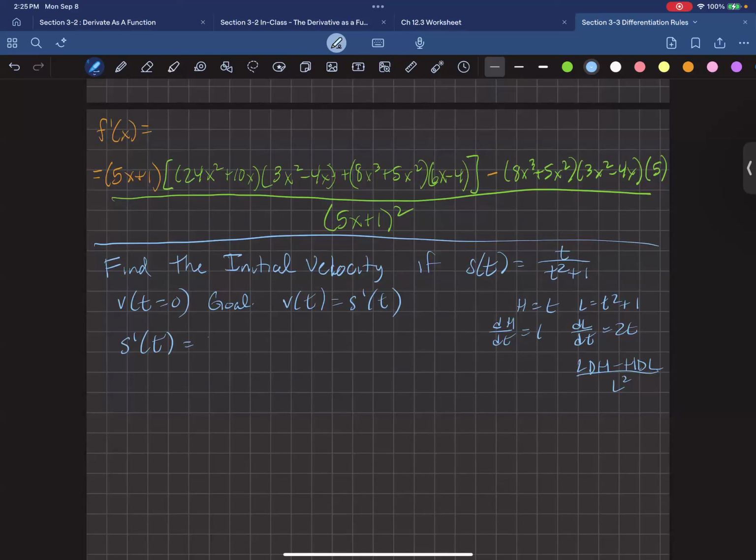So low is t squared plus 1 times the derivative of high minus high times the derivative of low over low squared.